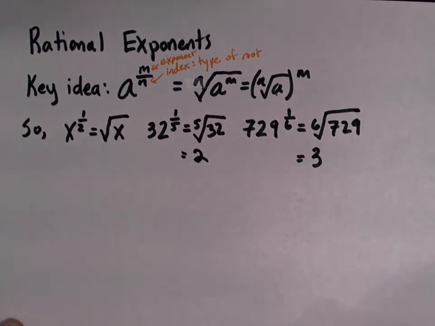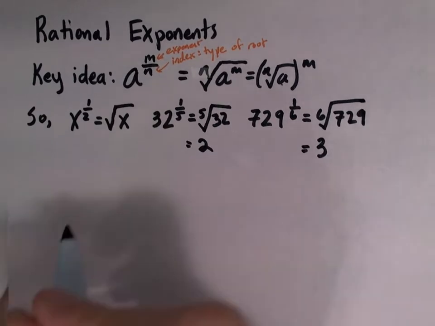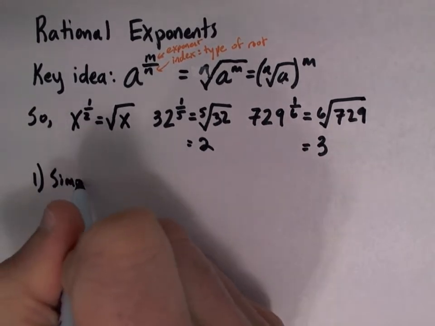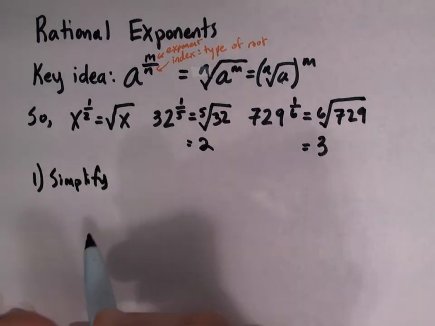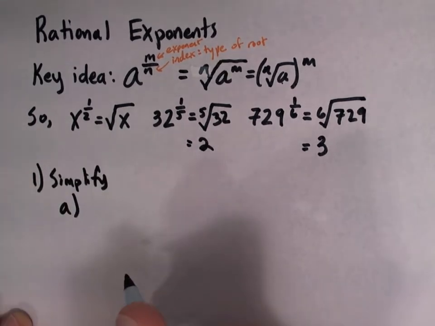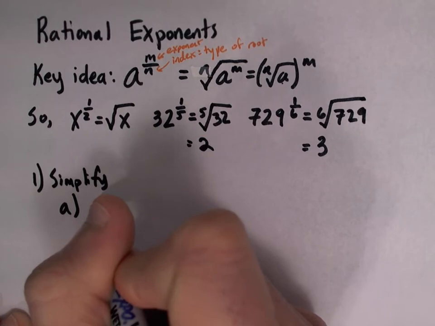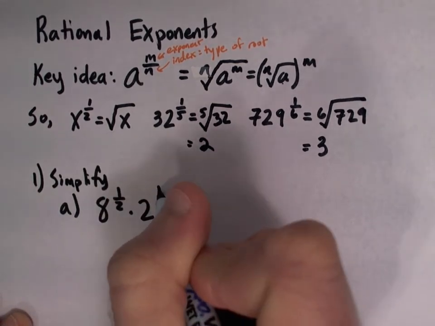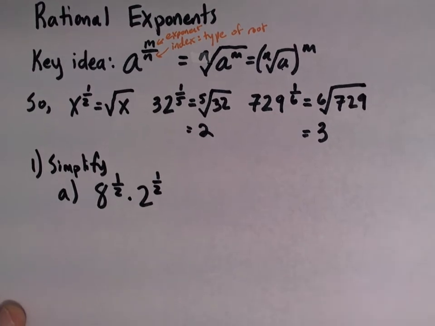All right, now that we have those quick examples out of the way, let's tackle some other ones. Number one, let's simplify. Let's start off with letter A: 8 to the 1/2 times 2 to the 1/2.